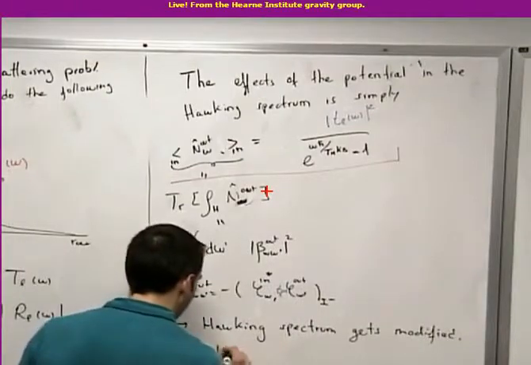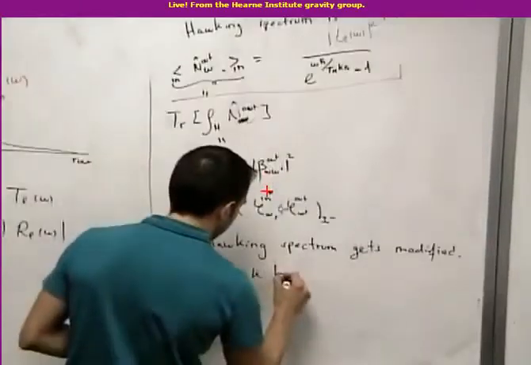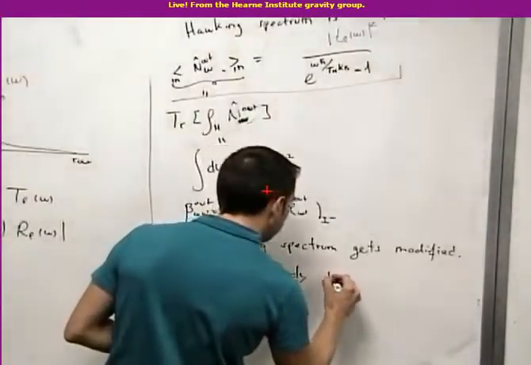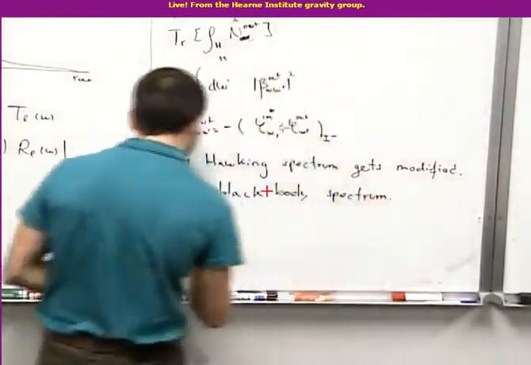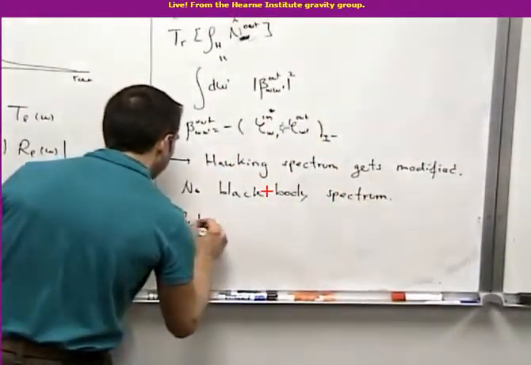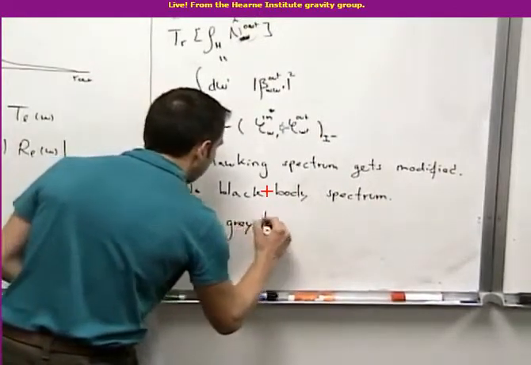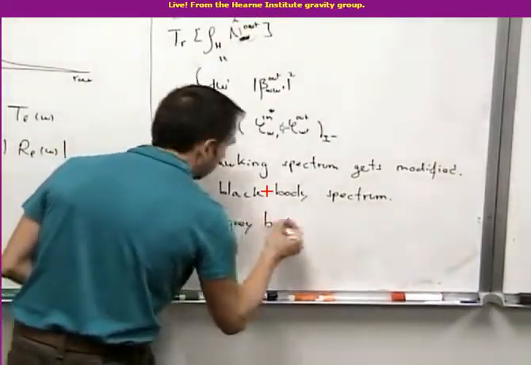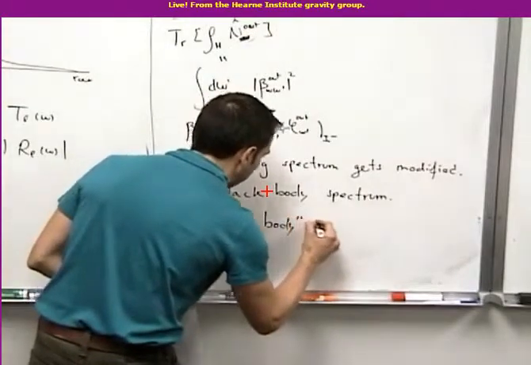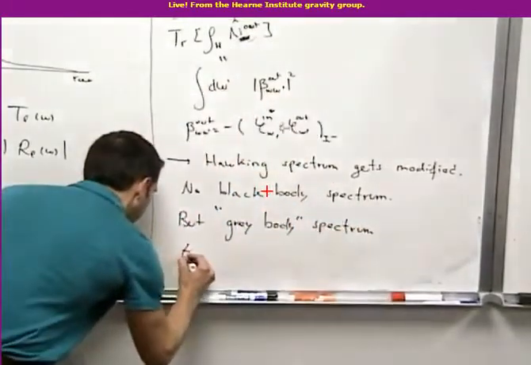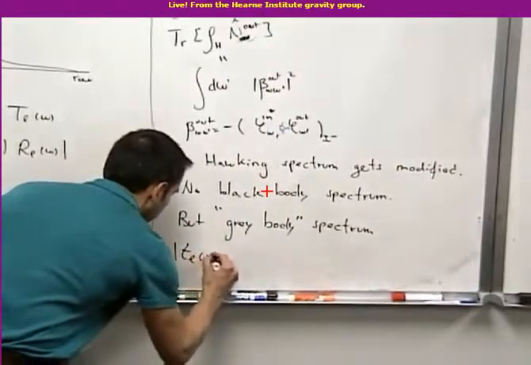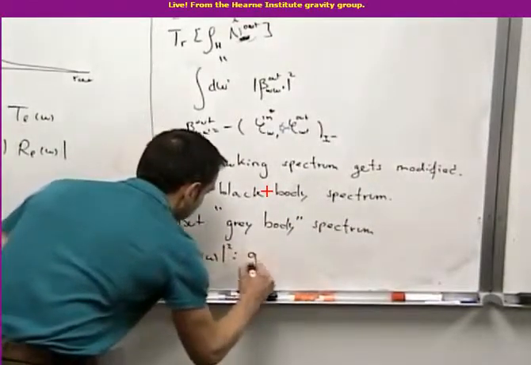No black body spectrum anymore. What do we have now? A gray. This is what people call a gray body spectrum. And these factors are called the gray body factors.